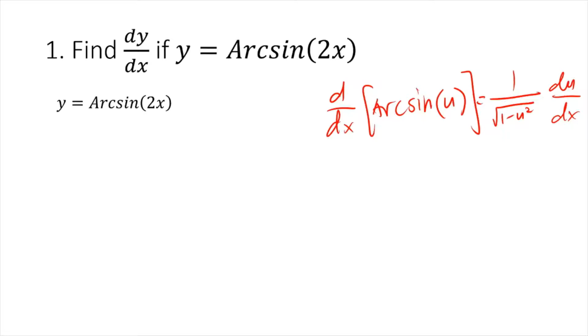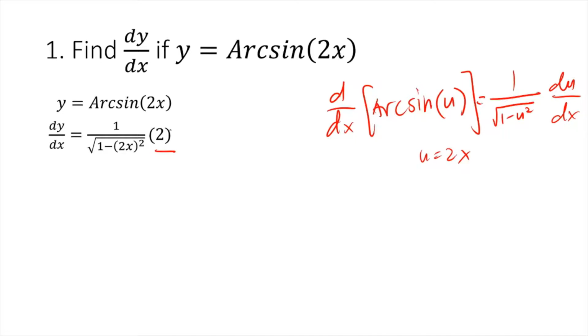So taking the derivative of the given function with respect to x will result to this expression here on the right side. So we have here 1 over the square root of 1 minus u, in this case is 2x, right? For this example, u is 2x. So we have the quantity of 2x squared.